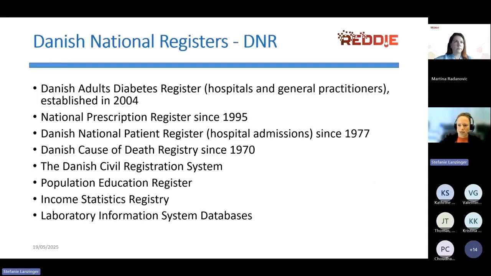And in Denmark, linkage between all these registries is possible using a civil personal register number. So this is one of the main strengths, that all this information, all these registers can be linked in Denmark.